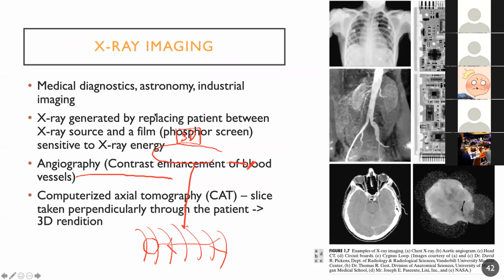I don't know much detail, but they say X-ray is generated by placing a patient between the X-ray source and a film, a phosphorus screen that is sensitive to the energy from X-ray. So this film would be created from the X-ray through the patient's body.